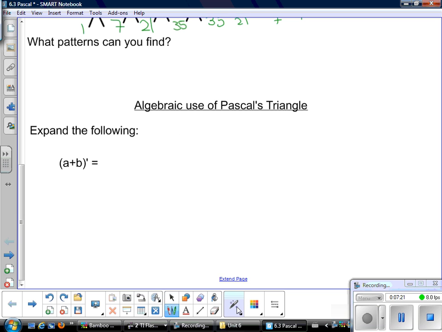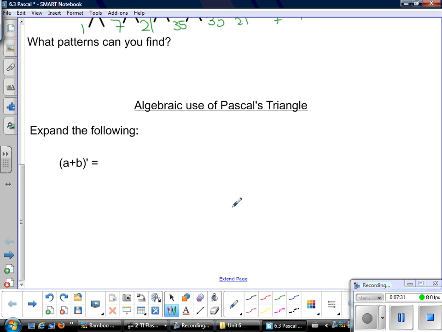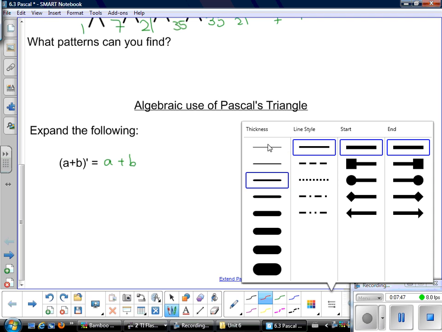Well, you're right in a sense, but let's take a look at expanding this one and maybe the next couple, and then examining our Pascal's triangle to see if we can see a pattern that will help us expand more complicated ones. Well, obviously with this, that's just a plus b. We agree. And what are the coefficients in front of each one of those? We're just going to put that, it's the number 1.